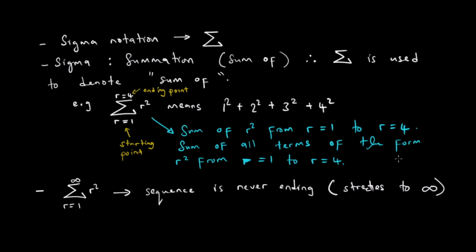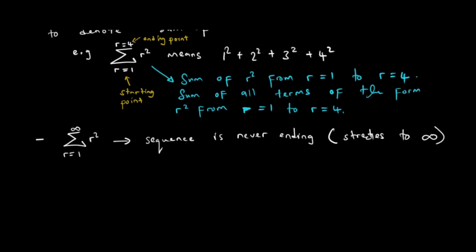And that now implies the sum of all terms of the form r squared from r is equal to 1 to positive infinity. So when we are taking the sum of all terms in r squared from r is equal to 1 up to what? Infinity. We can actually write it down. In similar terms, sum of r squared from r is equal to 1 to infinity.